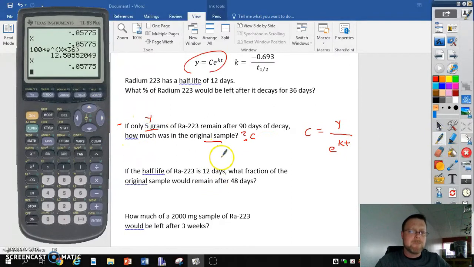This is my y. Now, to prevent any problems here, I'm going to do this problem in 2 steps. There's a lot of stuff in the bottom here. I'm going to go ahead and get a number for the bottom, and then I'm just going to take the y and divide it by the answer that I just got. Okay, so let's focus in on the bottom here just for a second, this e to the kt.